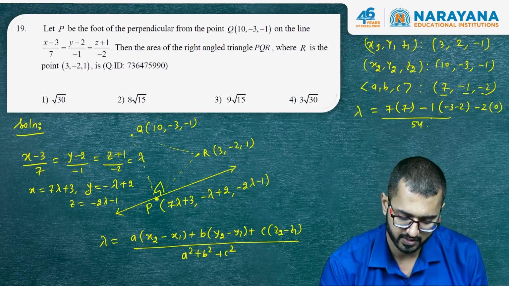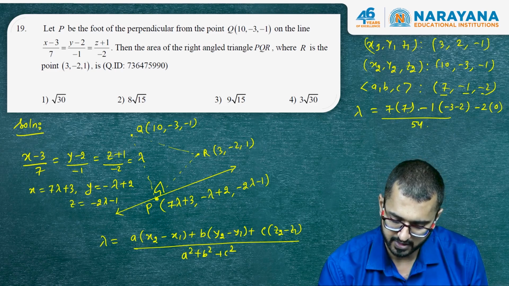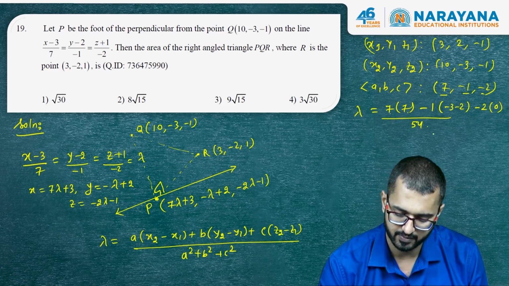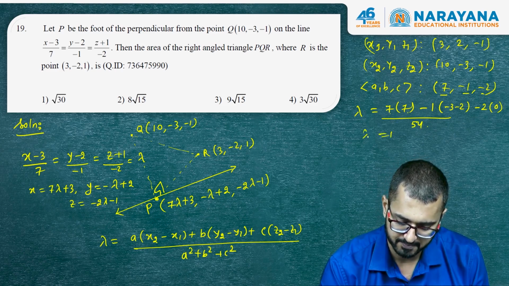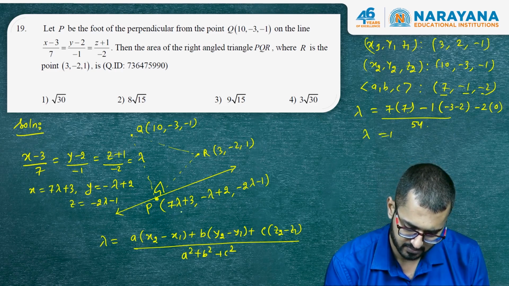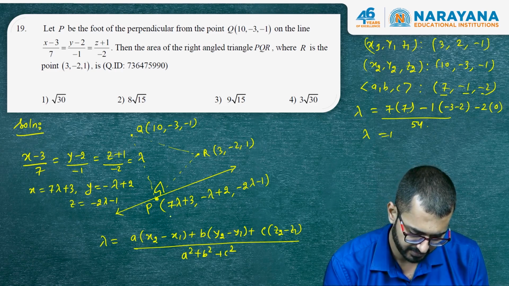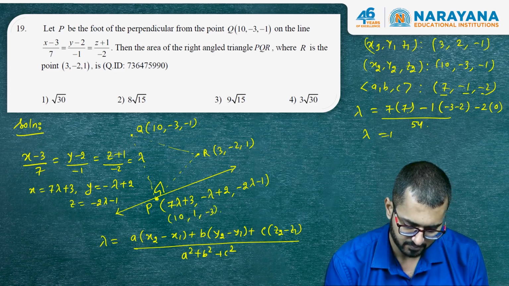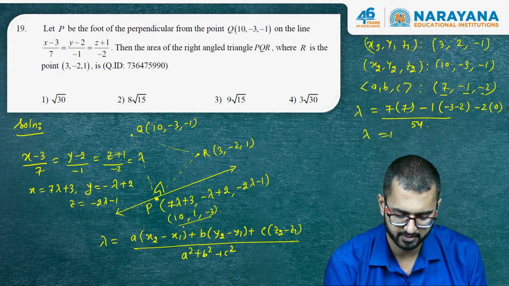So this is 54, and the numerator is 49 plus 5, again 54. So lambda is 1 from here. If lambda is 1, then P will become 10 comma 1 comma minus 3. So we got the point 10, 1 and minus 3.